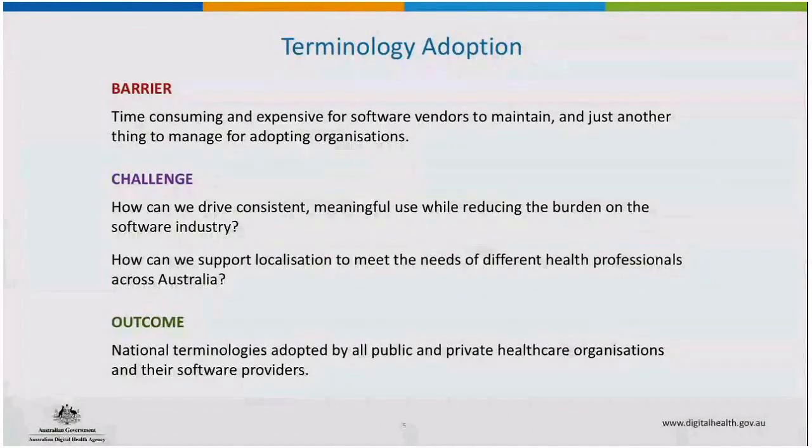We thought, what are the biggest bugbears of those trying to use our products, and how can we better drive their consistent and meaningful use? Another key requirement was to help deliver a solution that better supports more granular localization of content. SNOMED CT doesn't necessarily achieve this on its own, and is often considered overkill for many use cases. Moreover, it's generally authored and maintained at a national and international level instead of a jurisdictional level.